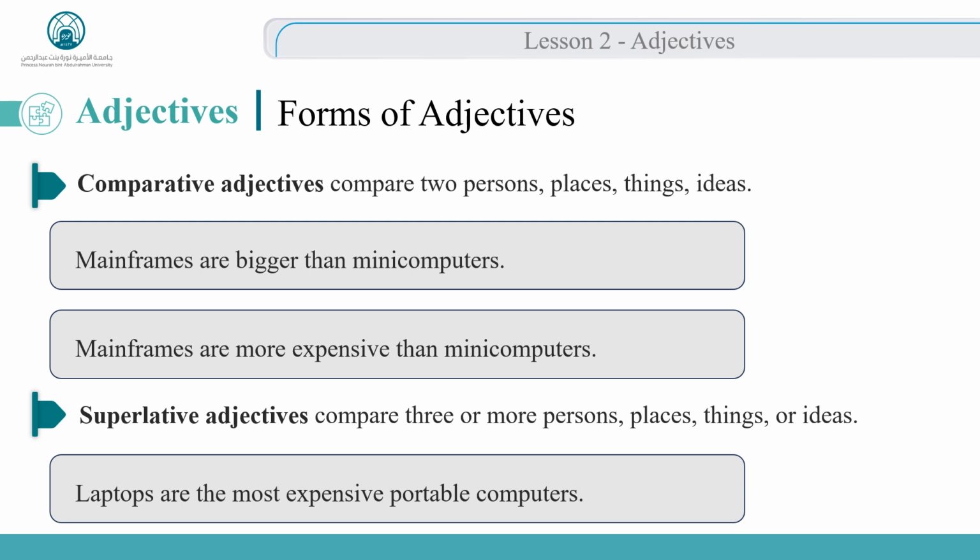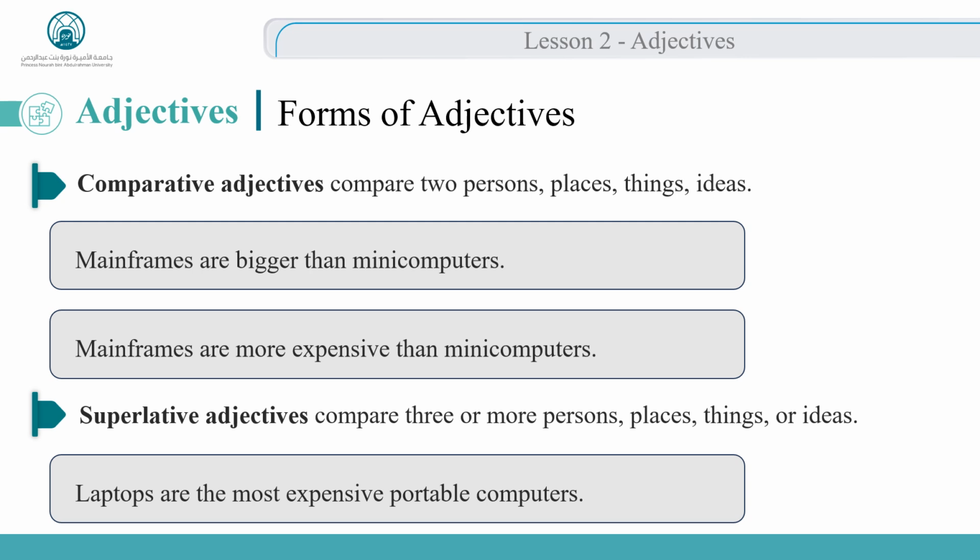Superlative adjectives, on the other hand, compare three or more persons, places, things, or ideas. This is not the only difference between comparative and superlative. Actually, they are different also in the way we form them, and we will see this in the next slides.